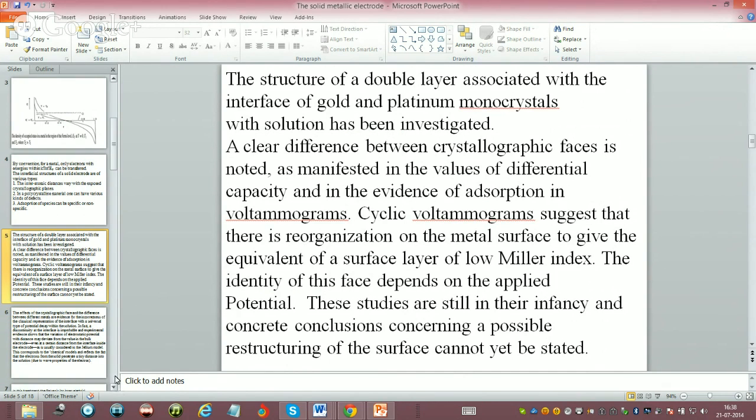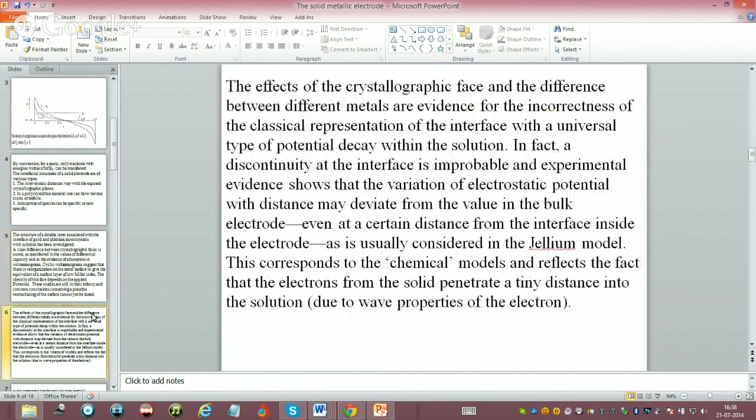Quickly looking at it, the effects of the crystallographic phase and the difference between different metals are evident from the incorrectness of the classical representation of the interface with a universal type of potential decay within the solution. For example, the same copper cannot be the same in two electrolyte media, or even in two different situations in the same electrolyte medium, because the dissolved oxygen may be different.